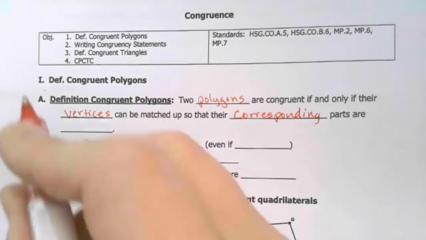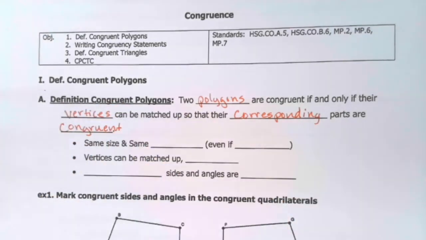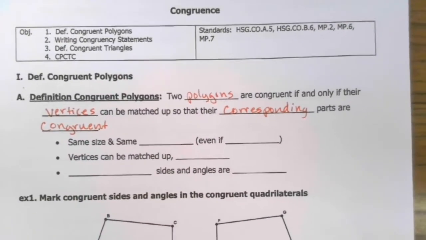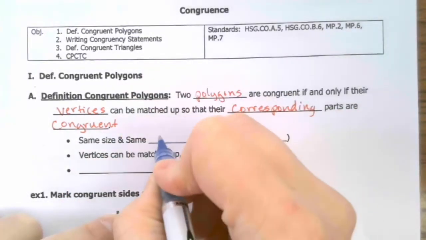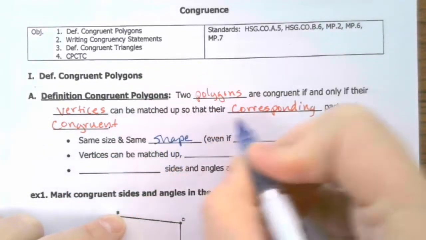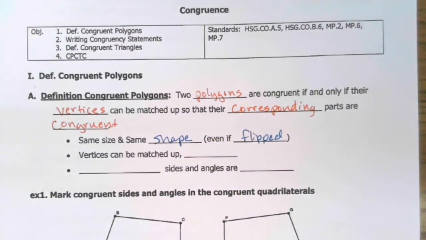So the vertices have to be matched up one to one, and they must have corresponding parts, or matching parts, that are the same size. So congruent means same size and same shape. Even if flipped, the figure can still be congruent.